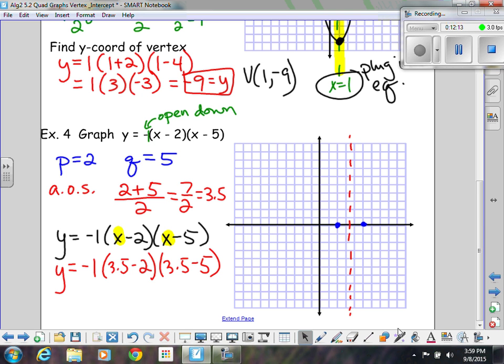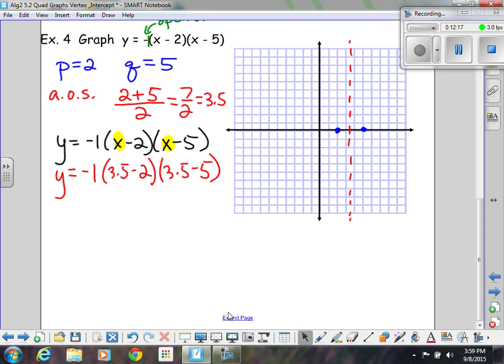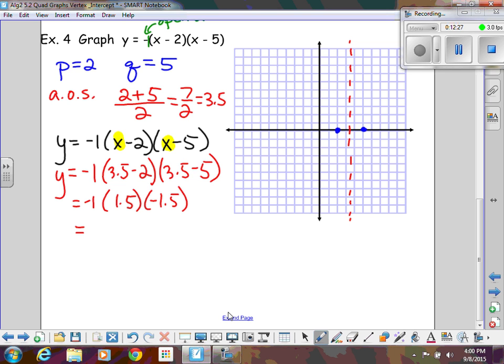So if I do 3.5 minus 2, that gives me 1.5. And then if I do 3.5 minus 5, that gives me negative 1.5. And if I multiply all those together, and feel free to use a calculator if you're uneasy with those decimals, then that's going to give me a positive 2.25.